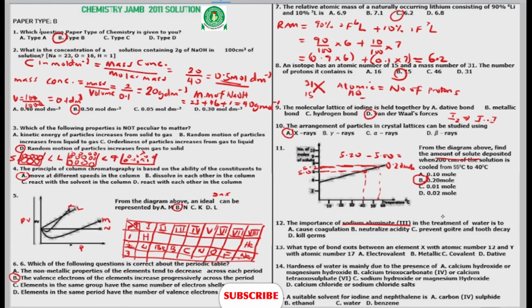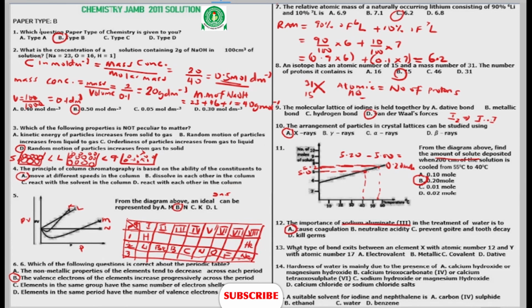It causes particles that are inside the dirt in the water to come together for filtration. So we use sodium aluminate to coagulate all dirty things in water in order to filter it off. So that is the function. It causes coagulation of dirt in water.